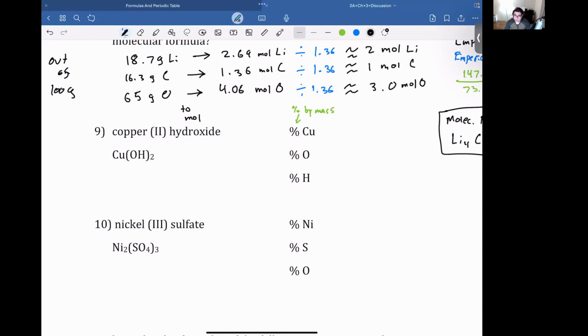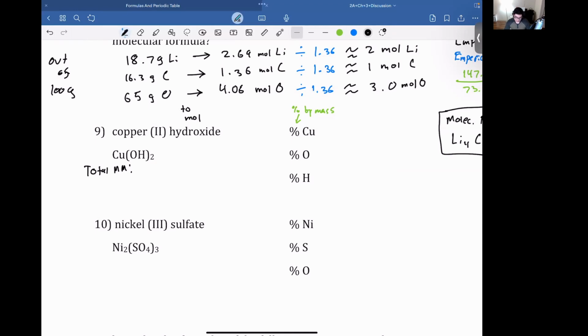So the way you do this is all you're going to do is take the molar mass of each component and then divide it by the total molar mass of this compound, and you could multiply by 100 grams. It's not going to be helpful though.